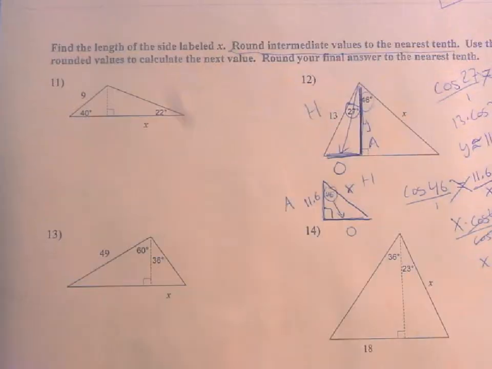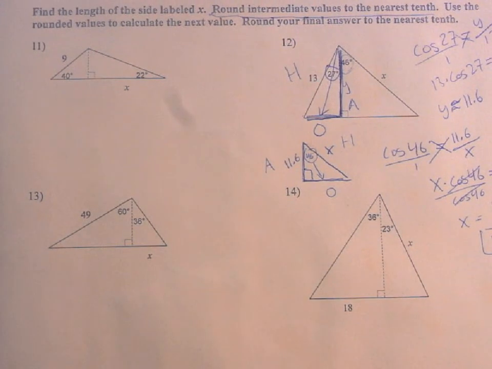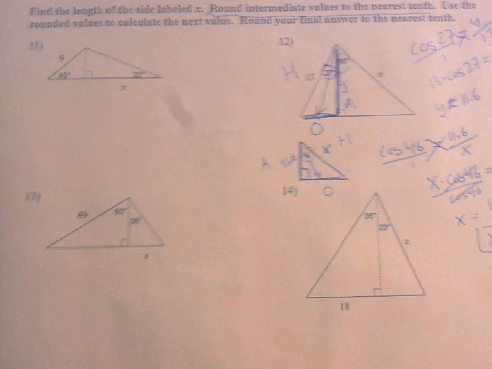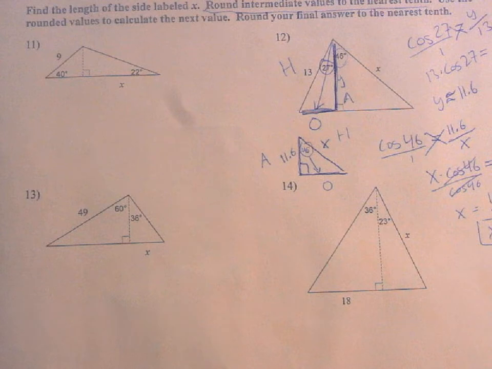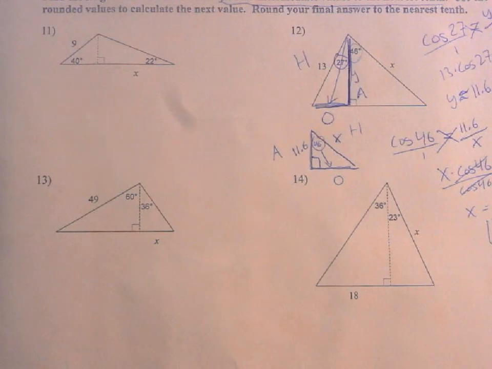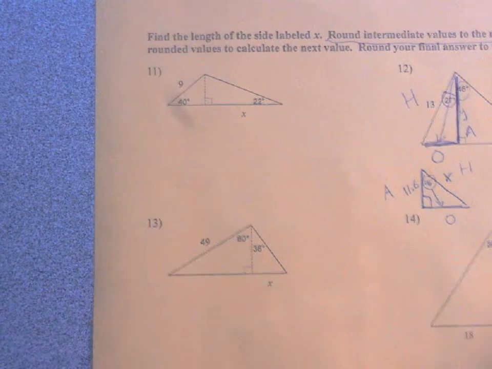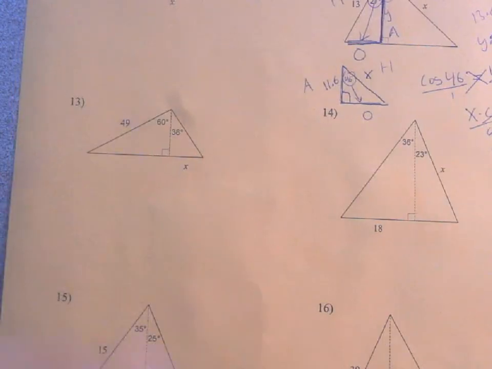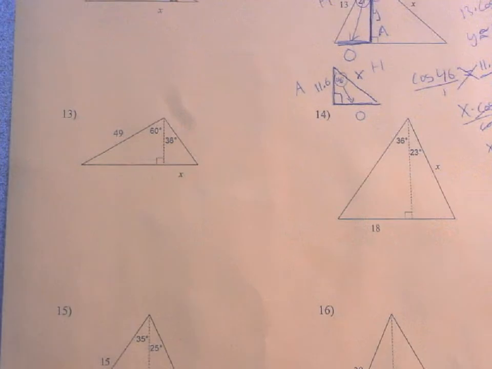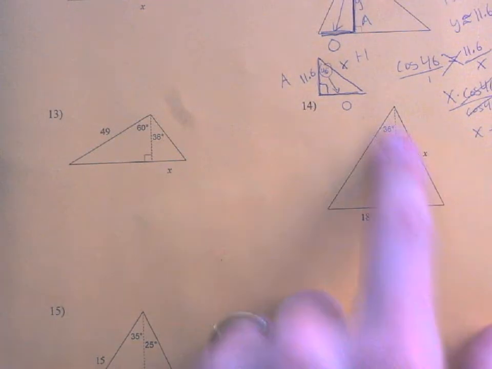Okay, so all of these triangles here are going to be slightly different in the sense that you may not use cosine twice. You may use tangent and then sine, or you may use sine and then cosine, or you may use tangent and then cosine, or something like that. But the process is relatively similar. You have to solve the triangle on the left before you can get the triangle on the right, because the missing piece for all of these is on the right side of the triangle.